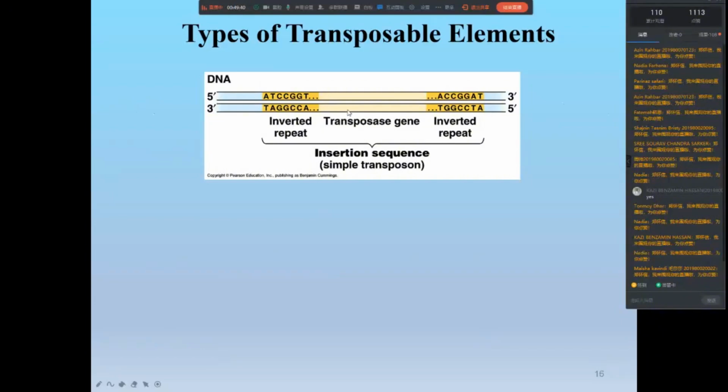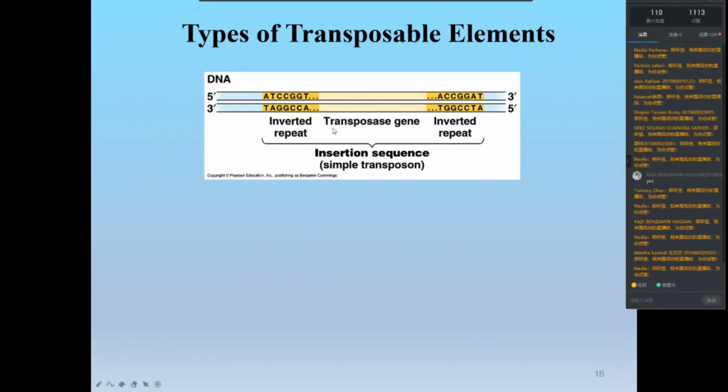It only contains two inverted repeats on the two ends, and in the middle, it only carries one gene, the transposase gene. Very simple structure. We call it the insertion sequence, short for IS.